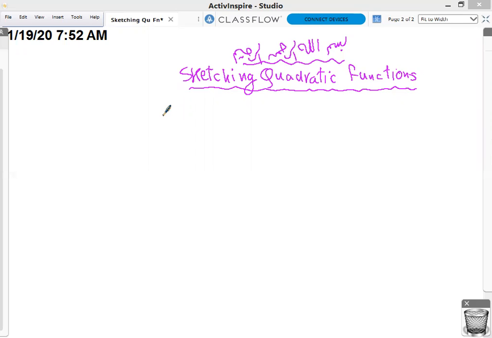Today we will complete our lesson about sketching quadratic functions. Yesterday we took one example. I told you just to graph it as a homework.